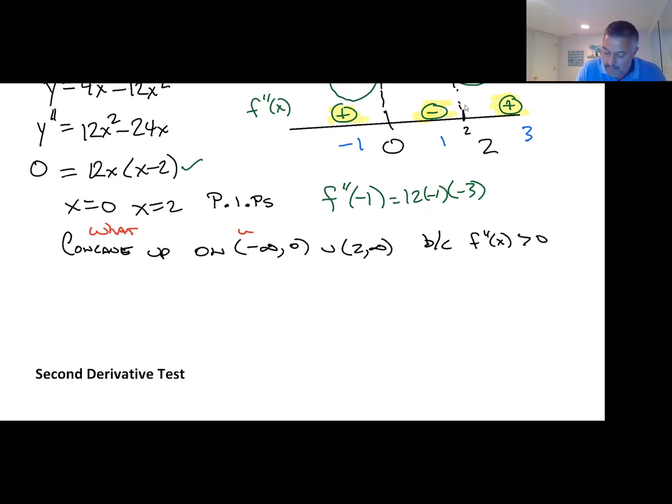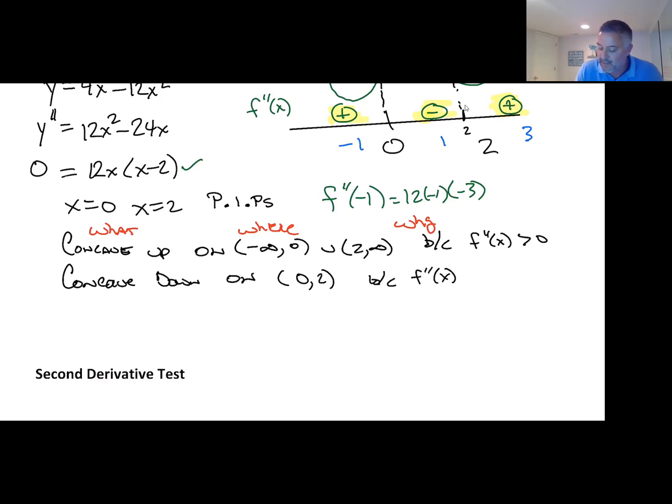What, where, and why? We are concave down on 0 to 2 because f double prime of x is less than 0.